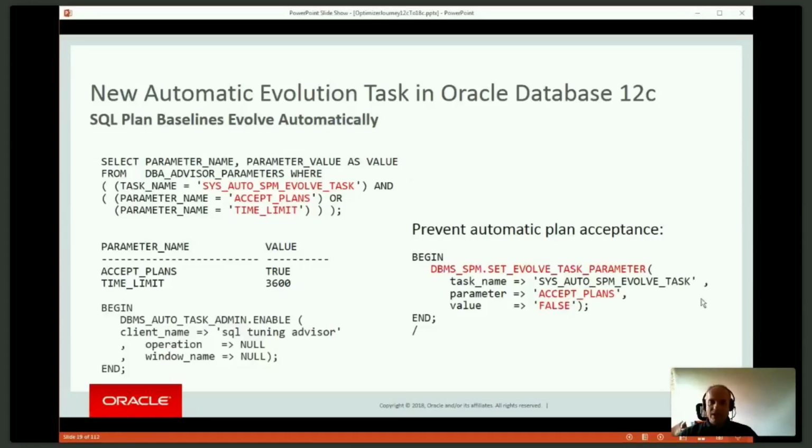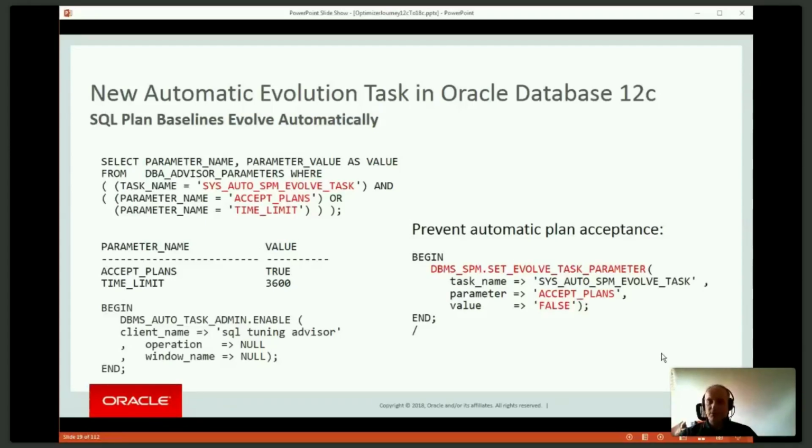You can disable it, but my recommendation, here on the right-hand side, is that you set the evolve task parameter to accept plans false. If you don't want evolution to happen, then you can set the evolution task so that it's the evolution advisor, so that it doesn't accept plans by default.